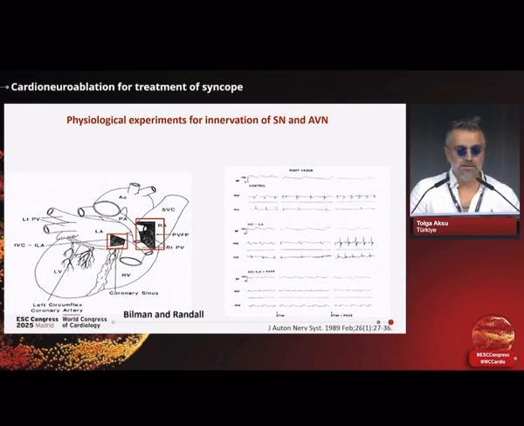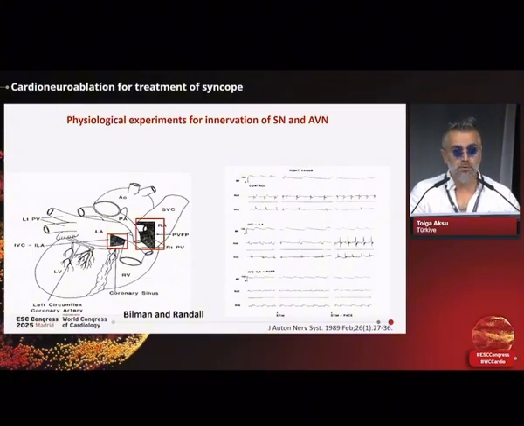In this experimental strategy, as you see, if you perform vagal stimulation, you can cause a negative dromotropic and chronotropic effect. So you can decrease sinus rate and you can produce AV block in such a situation.